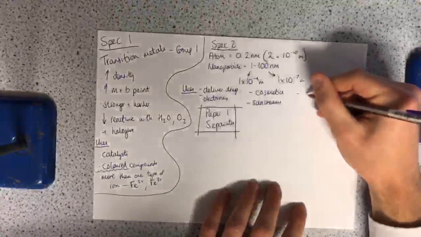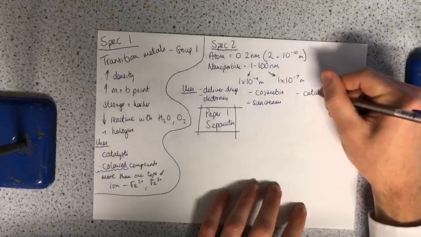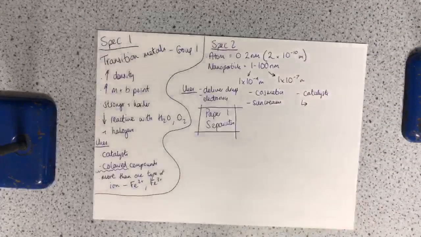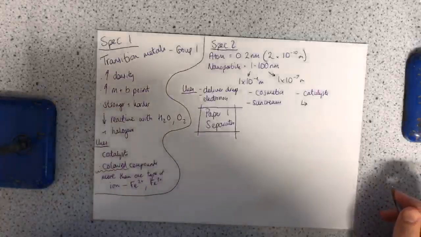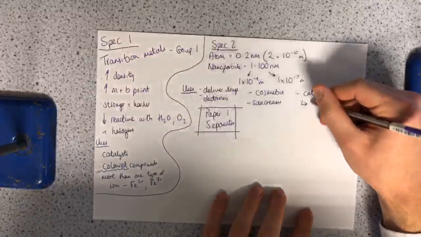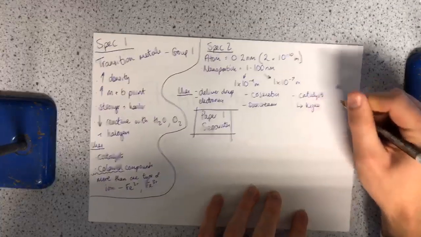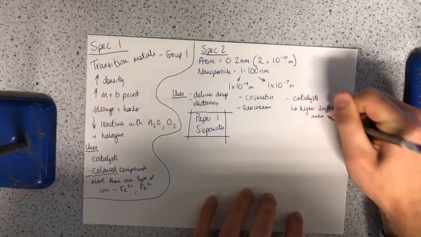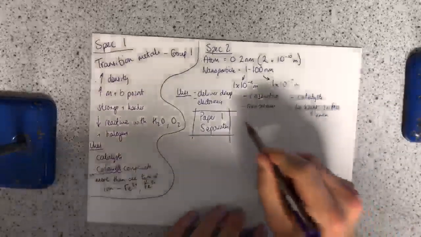And you've also got them as catalysts. Again, the reason they make good catalysts is because they are so small, and that would give them a higher surface area. So that is your spec 2 separates.